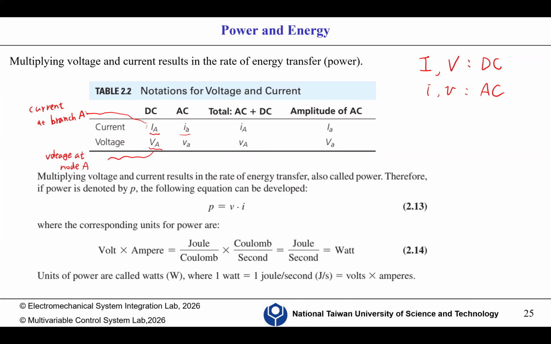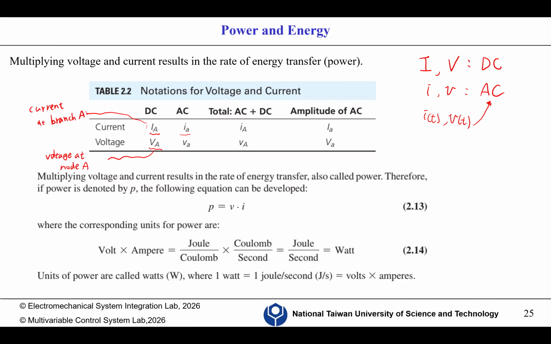So we have italic i, italic a, italic v, italic a. It means they are AC. Oh, by the way, in addition to using italic symbols, we can also use i(t), v(t) to represent their AC values.